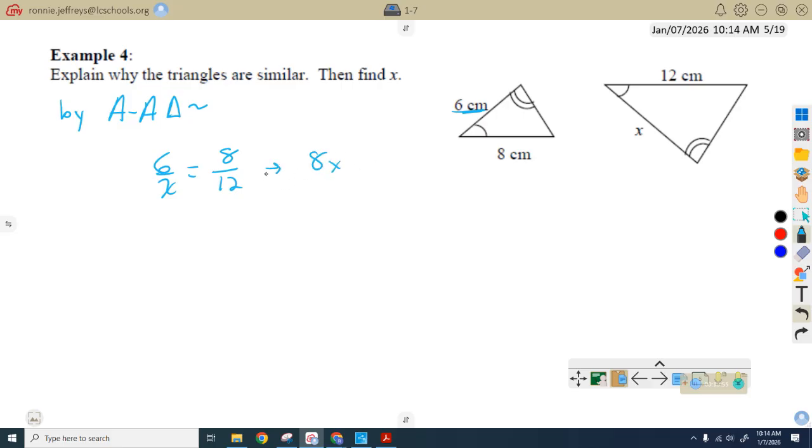So, 8x equals 72. So, x equals 9 centimeters.